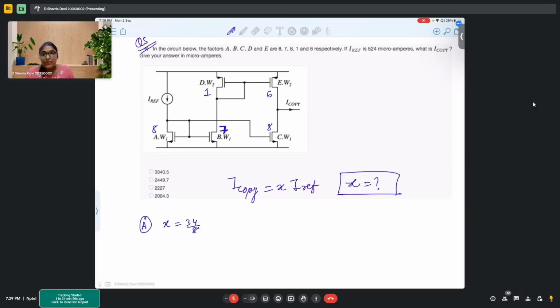The same point is connected to A, B, and C. So all three transistors have the same VGS. That means your IA and IC will be equal, right? Yes, because VGS is the same and the factors are the same.